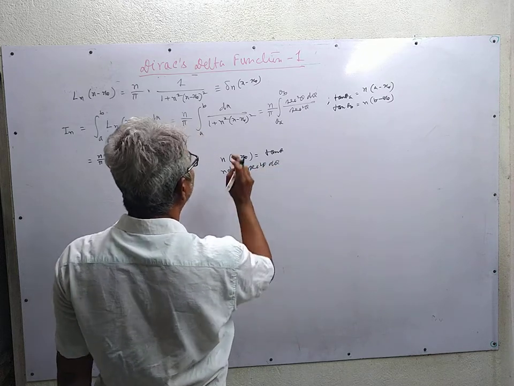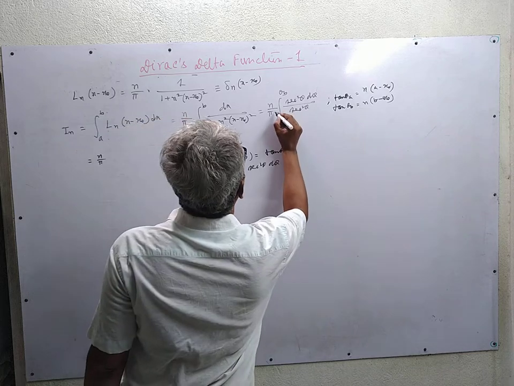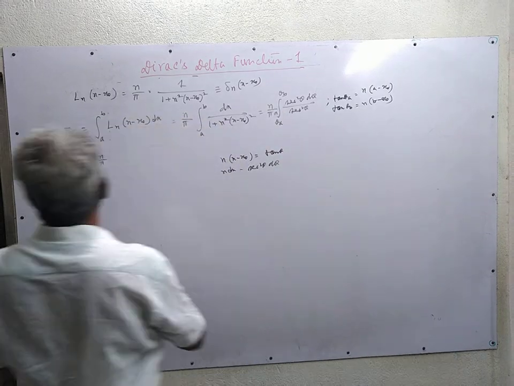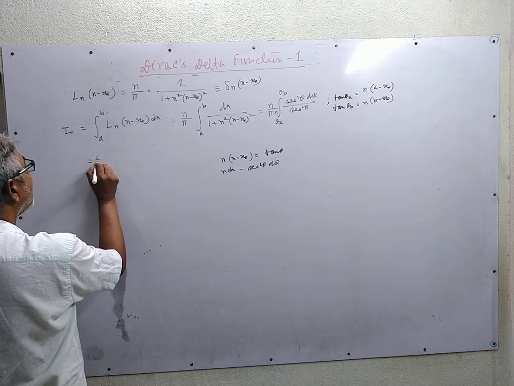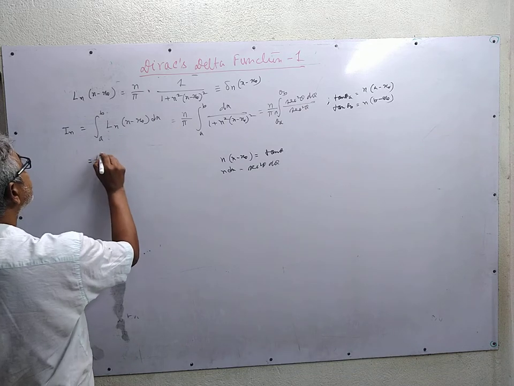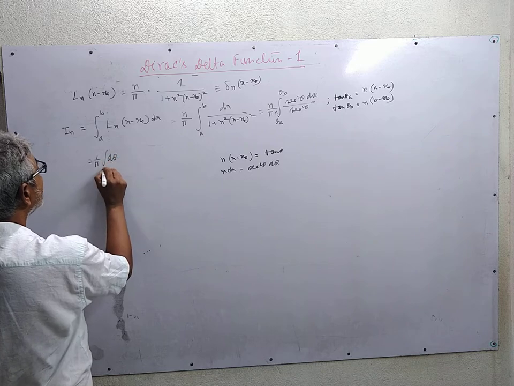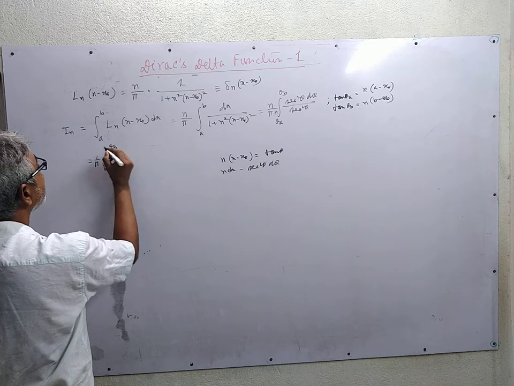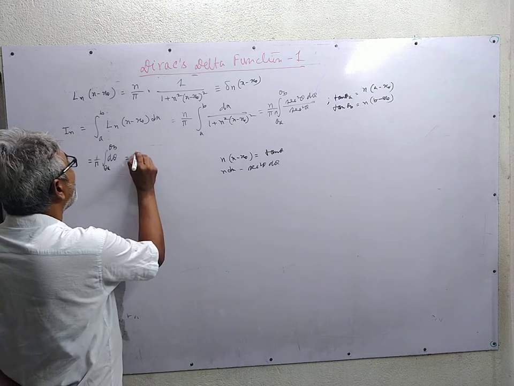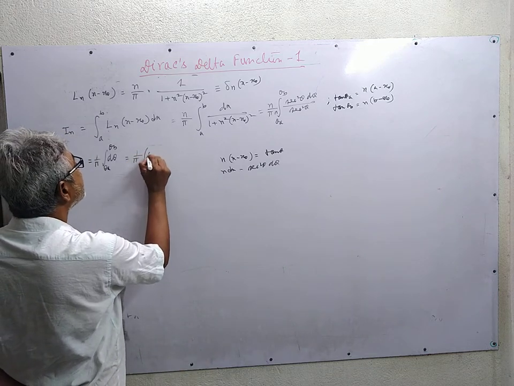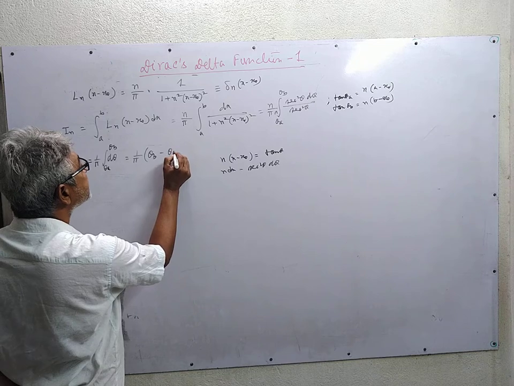So dx is 1 by n. So there will be one n factor which makes it 1 upon pi, and d theta integrated from theta a to theta b. So this is 1 upon pi, theta b minus theta a.